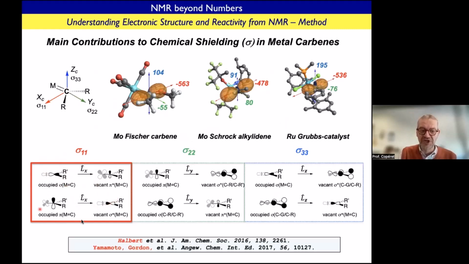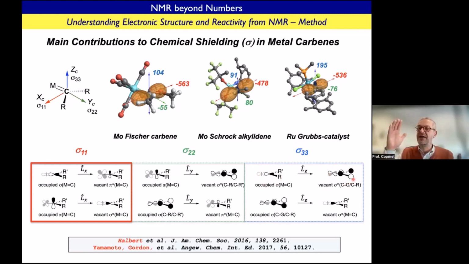Another contributor, which is of lower significance, is to have a high-lying filled pi close in energy to a sigma star. You can expect the sigma star is very high in energy. That's why this contribution is much lower. And you can do the same analysis for sigma 2,2 and sigma 3,3, and see other types of orbitals, and you understand very well why sigma 3,3 is not changing very much, because you are coupling a sigma orbital with a high-lying sigma star.